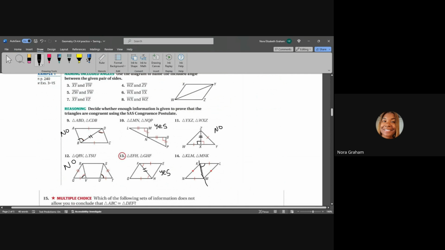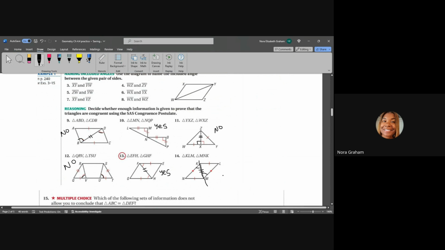I can say that these two angles right here are alternate interior angles. Or actually, no, I could say that these two, because those don't touch my parallel lines. Apologies. I could say that these two are my interior angles because it has to touch my parallel lines, right? There we go. Looks a lot better. And then I can also say that these are reflexive.